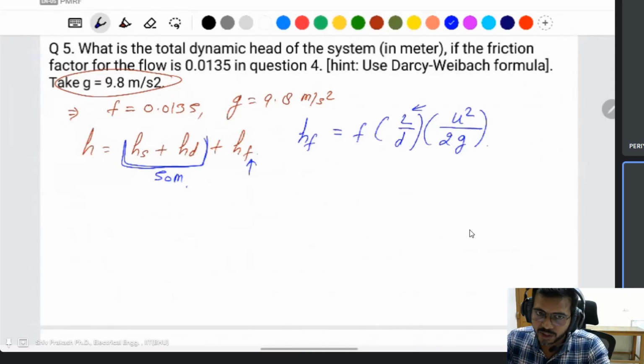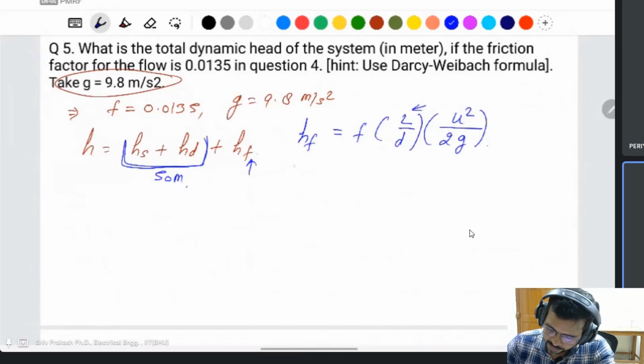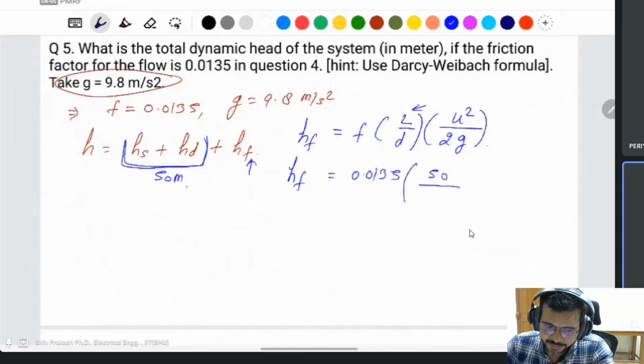But here there is no horizontal pipe. Only the overhead pipe is given, 50 meter. Then take length as 50 meter, and the diameter is also given. g is given as 9.8. Then all things are there. Calculate HF. f is 0.0135, L is 50, divided by D.